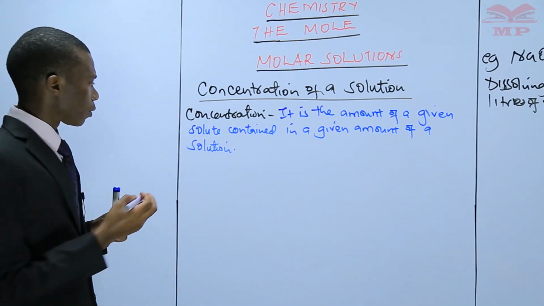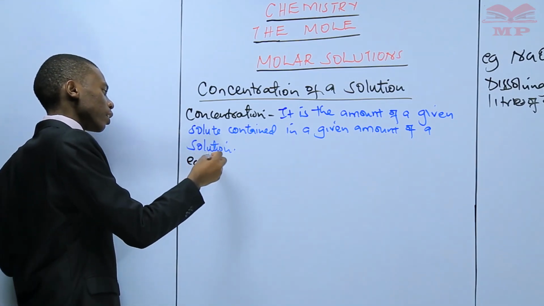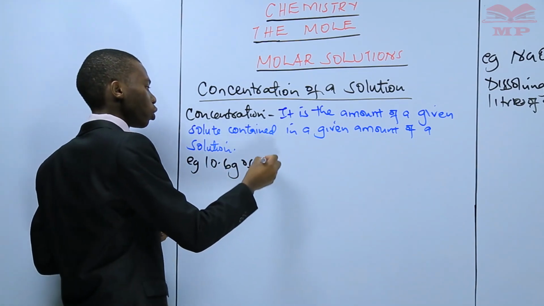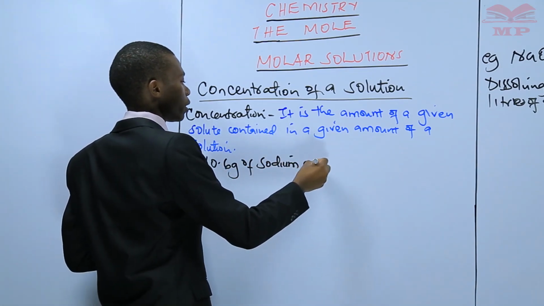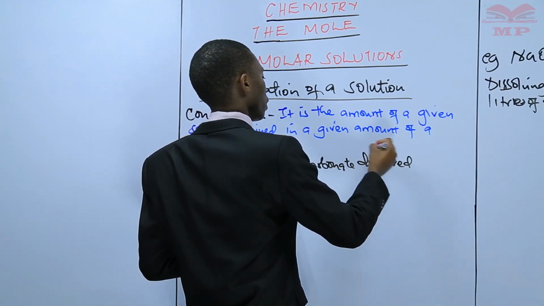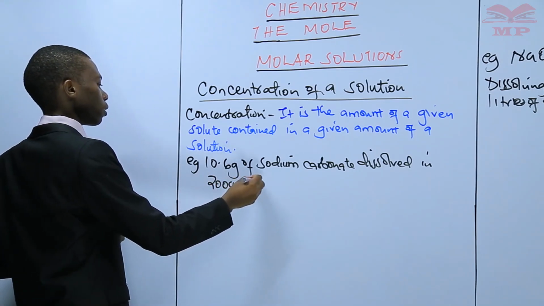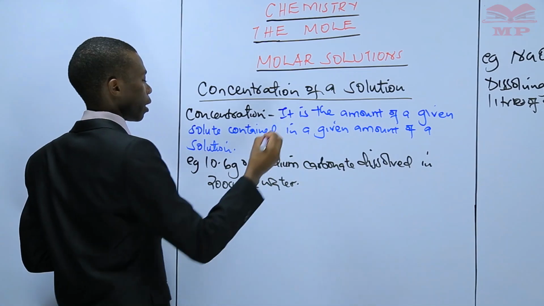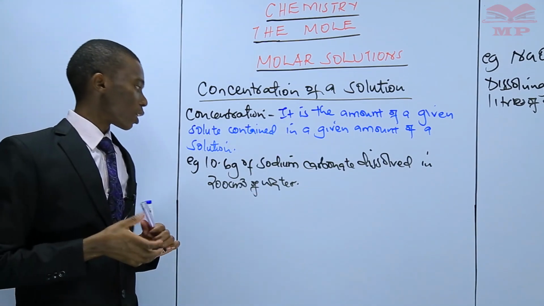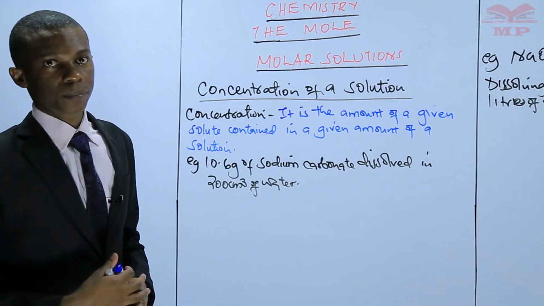For example, if we have 10.6 grams of, let's say, sodium carbonate dissolved in 200 centimeters cubed of water, that is the concentration. We have 10.6 grams of sodium carbonate dissolved in 200 centimeters cubed of distilled water.